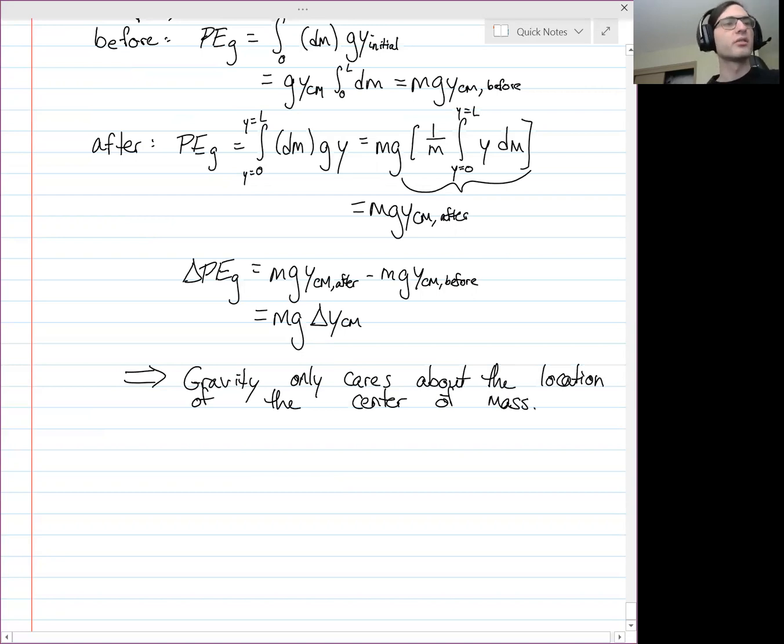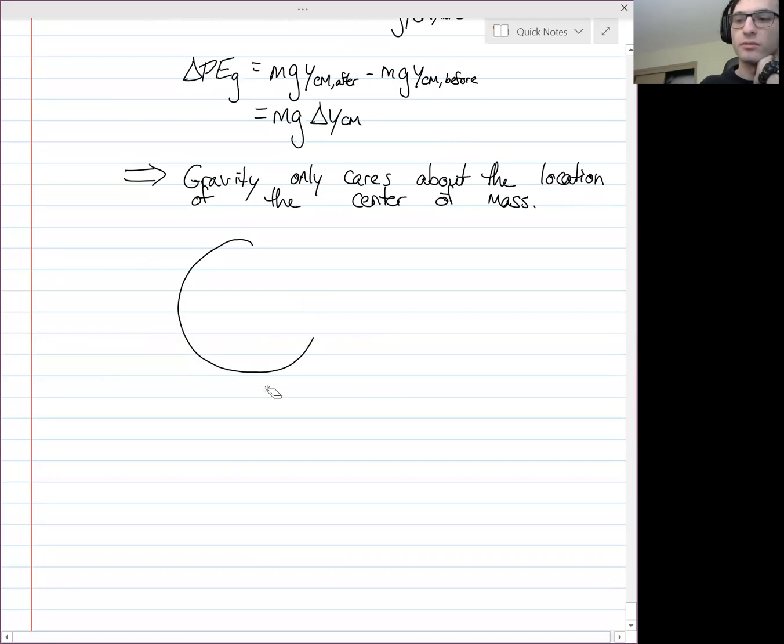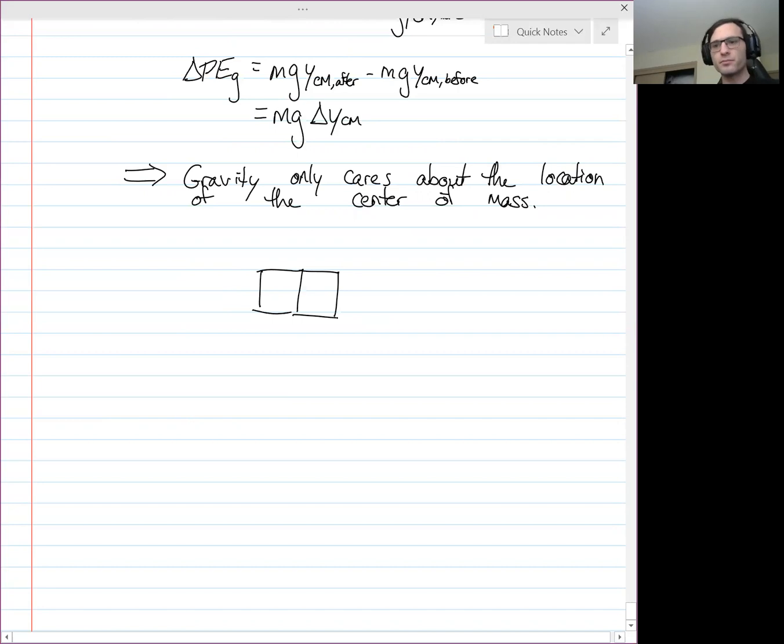One way to see this is, consider, let's say you have two blocks of equal size and mass. The net force on this would be the gravitational pull downwards on this plus the gravitational pull downwards on this, right? So you would add them up. And so if we're just worried about net force, the location of where that force is applied doesn't matter.